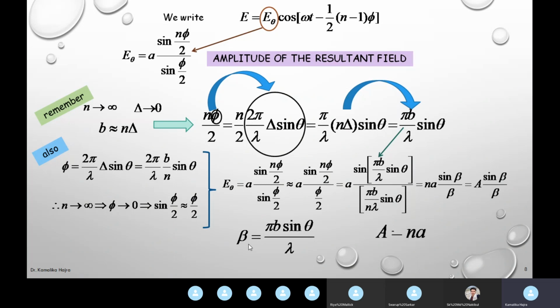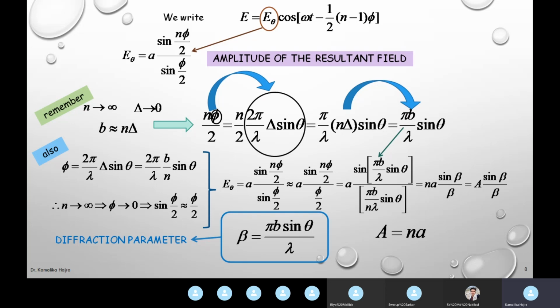Okay, and capital A is equal to n times small a. So small a was the amplitude of each of the rays coming in, diffracted from the slit. So there are n such rays. So the total amplitude is na, given by capital A. Alright. This expression, beta equal to pi b by lambda sine theta, is known as the diffraction parameter.